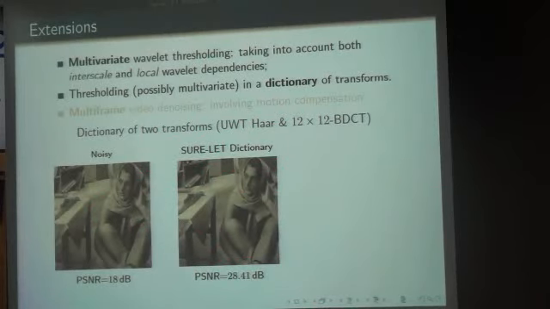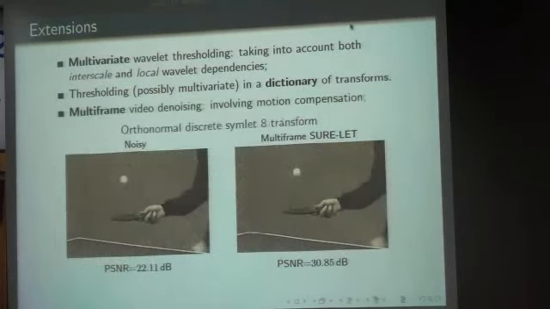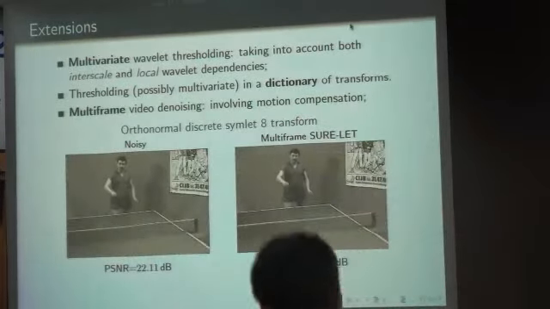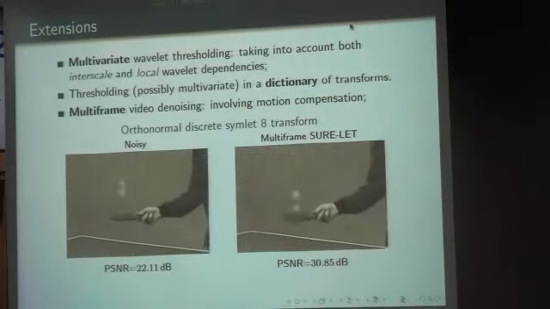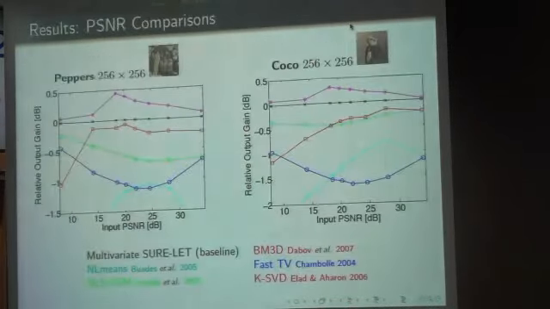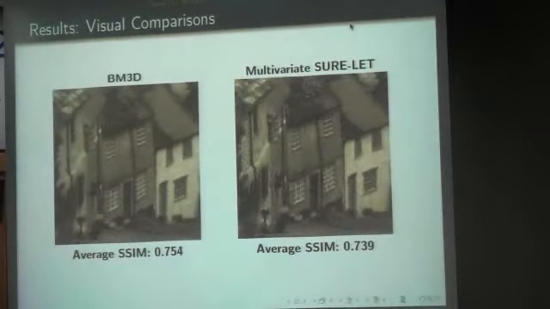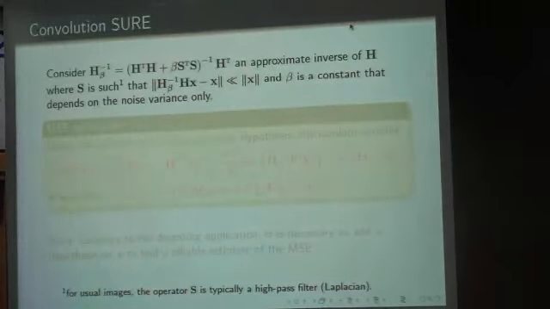But if we use a dictionary using the block DCT, then suddenly we get much better. The multivariate case is also like that. We have also been able to process videos, so the gain is substantial also in that case. I will skip the PSNR comparisons, which I can show you later if you are interested.